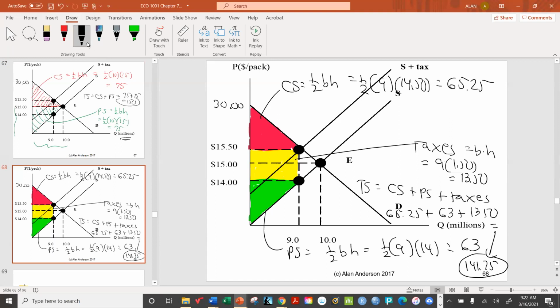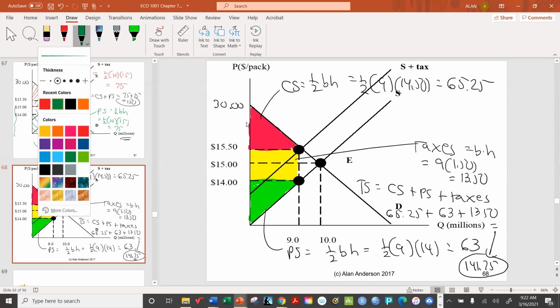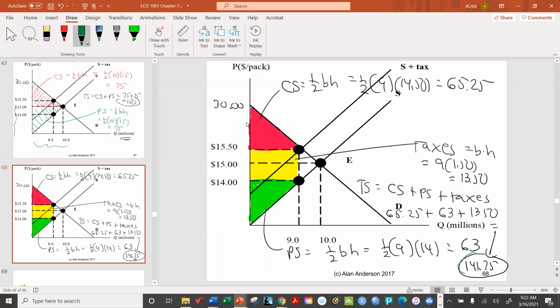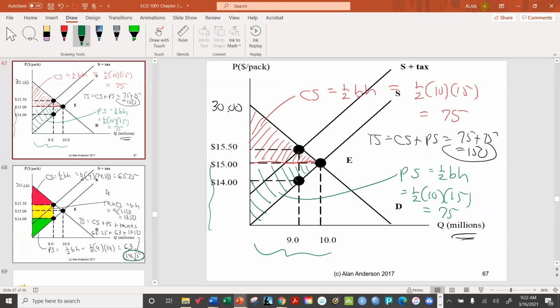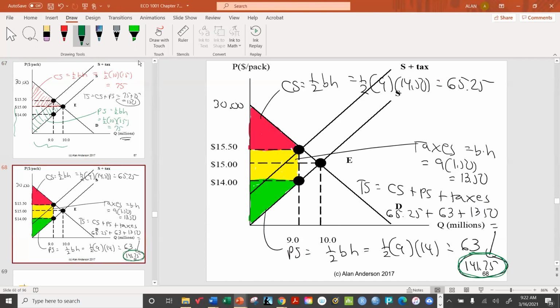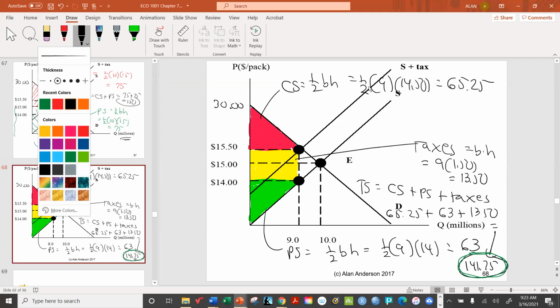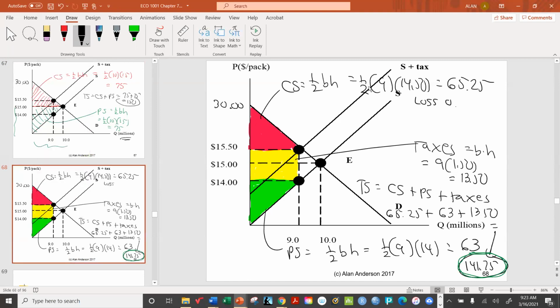Now, what was it before? Let me just highlight this a little so you can see it better. That means that we lost. Now, remember in the last graph, the total surplus, let's go back for a second, was 150. So the loss of total surplus is 150 minus 141.75, which is $8.25.